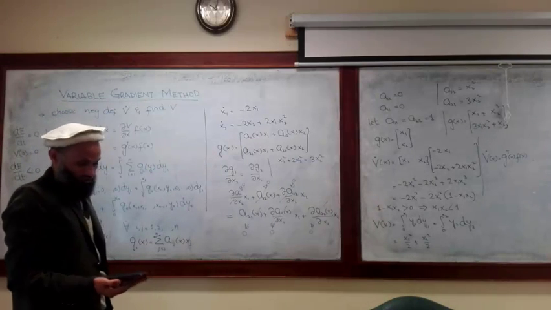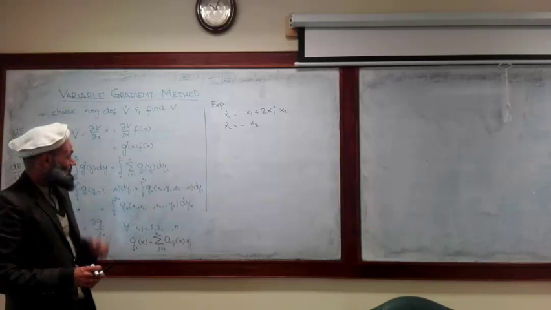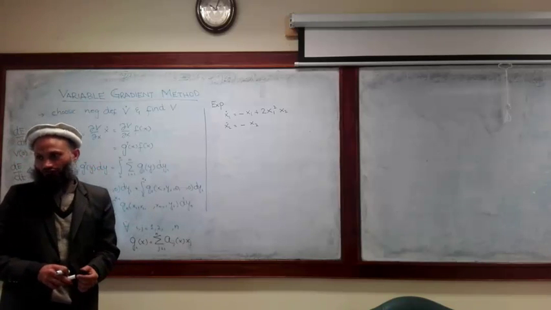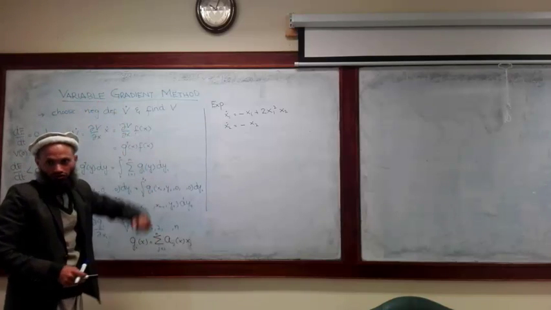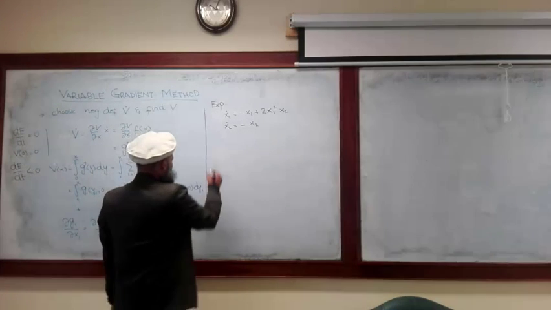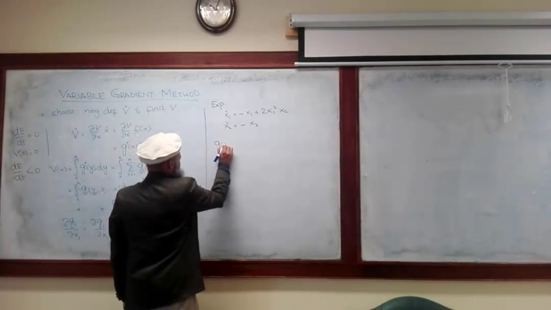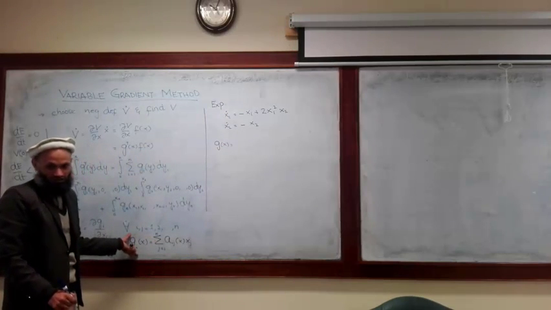Let's take one more example. We have this system, and we want to determine the stability of the equilibrium point, and we want to apply this approach to determine the Lyapunov function. For that purpose, a g of x can be selected, and this g of x works in many cases.